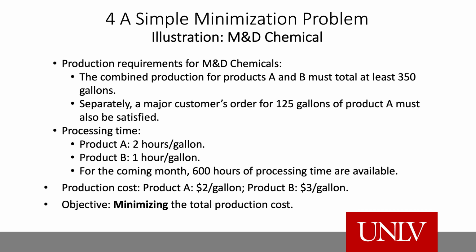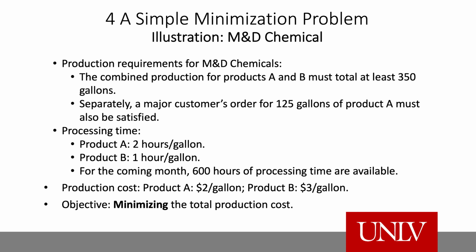Based on an analysis of the current inventory levels and the potential demand for the coming months, M&D's management specified that the combined production for product A and B must total at least 350 gallons. Separately, a major customer's order for 125 gallons of product A must be satisfied. So that actually means the quantity of product A has to be at least 125 gallons.